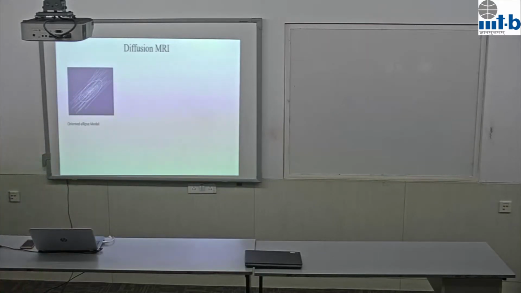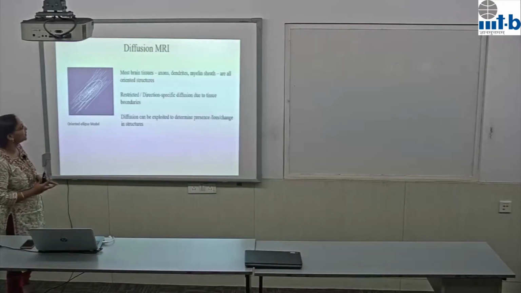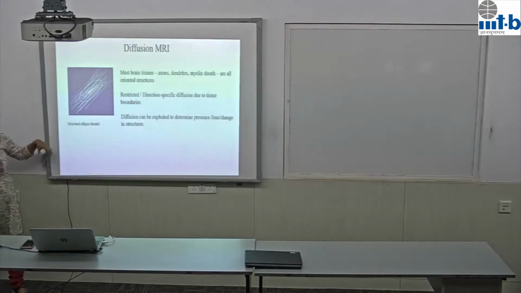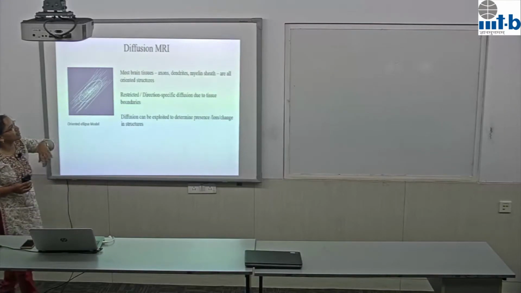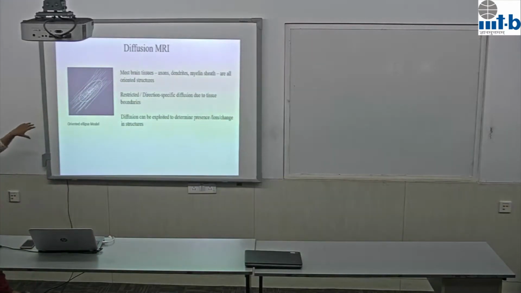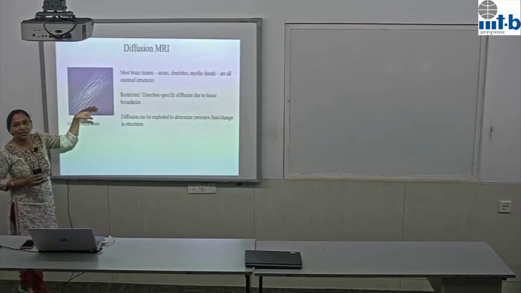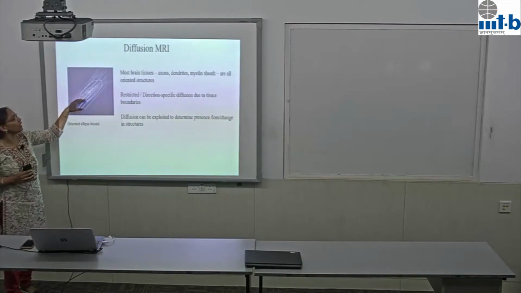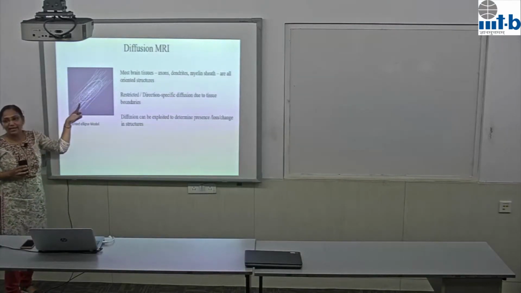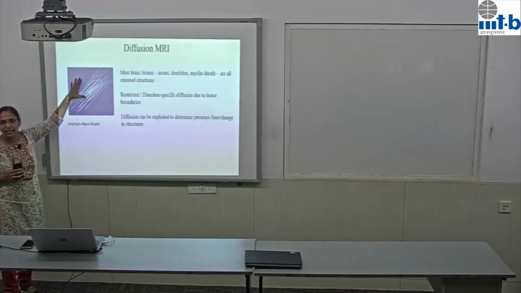So the model used here is an oriented ellipse. It fits in well because most of the neurons and dendrites are all oriented ellipses. So most of our brain tissues are oriented structures. So there is restricted or direction specific diffusion. Because the ellipse forms a barrier, it cannot diffuse in all possible directions.